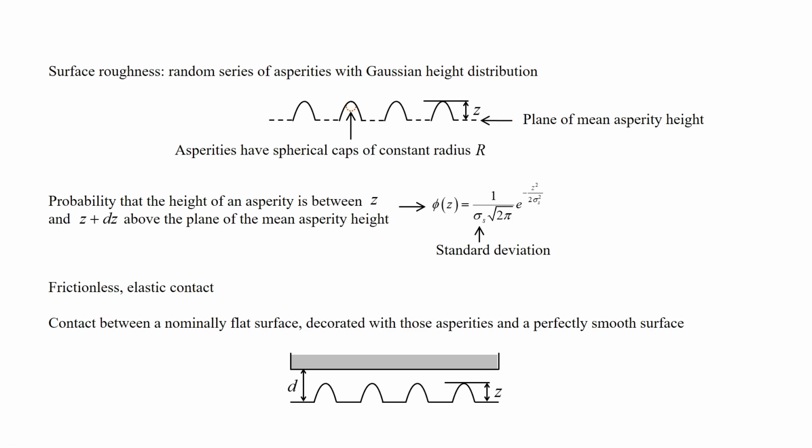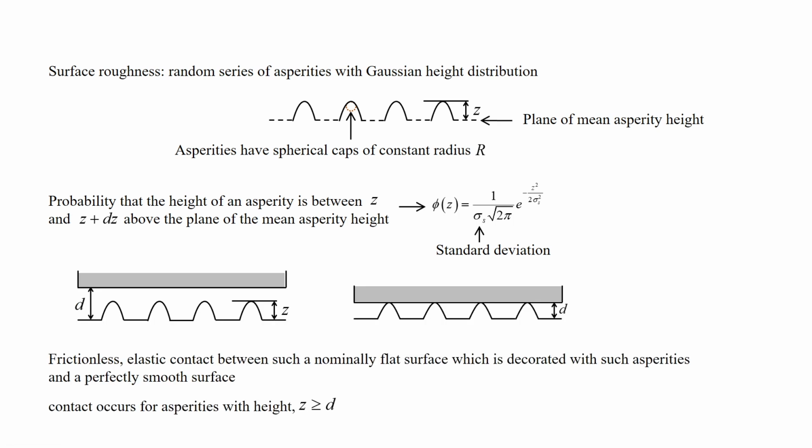There is a probability that this asperity will come in contact with this adherent when its height Z is greater than or equal to D. If D is the distance between the datum surface and this surface, then obviously Z has to be either equal to D or more than D in order that this asperity remains in contact with this adherent.